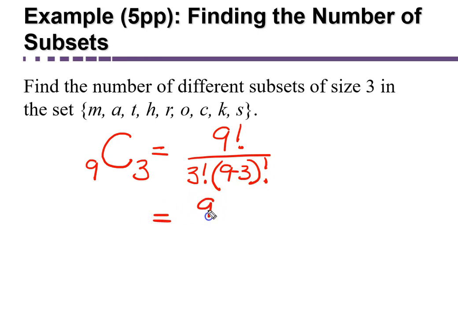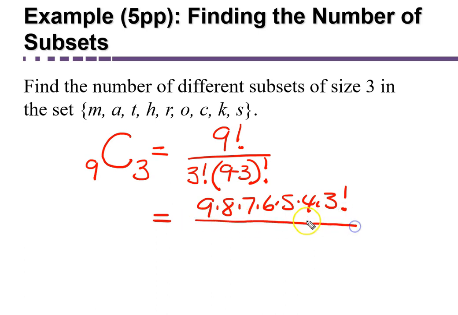So this is going to be 9 times 8 times 7 times 6 times 5 times 4 times 3 factorial for sure. And this 3 factorial is the one that I put here that I can later cancel out. But when I do this, I get 6 factorial, since 9 minus 3 is 6.